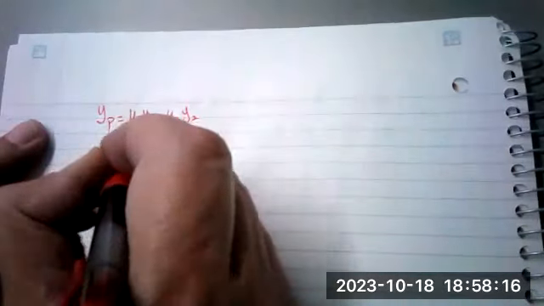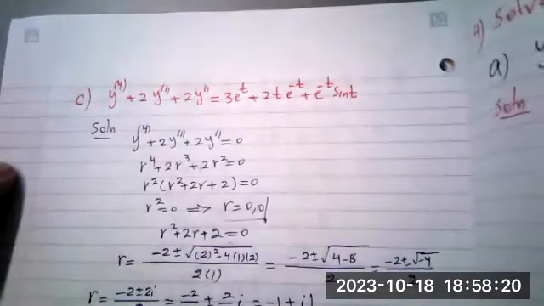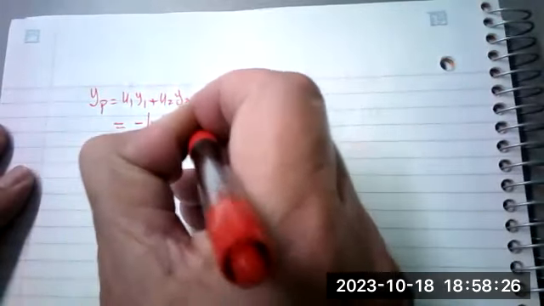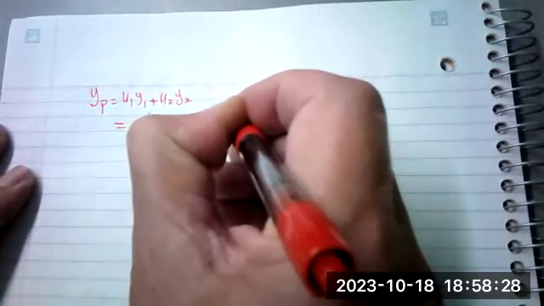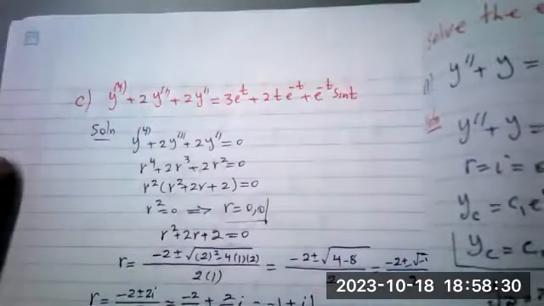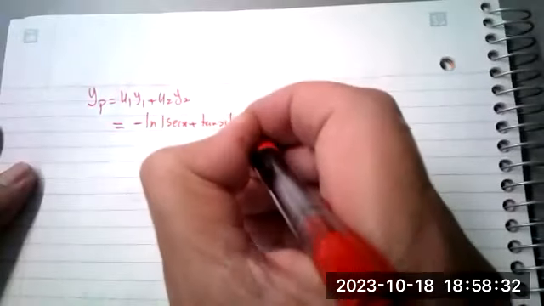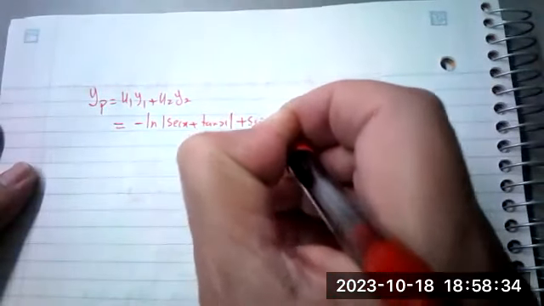So the u1 is negative ln of the absolute value of secant x plus tangent x, plus sine x.